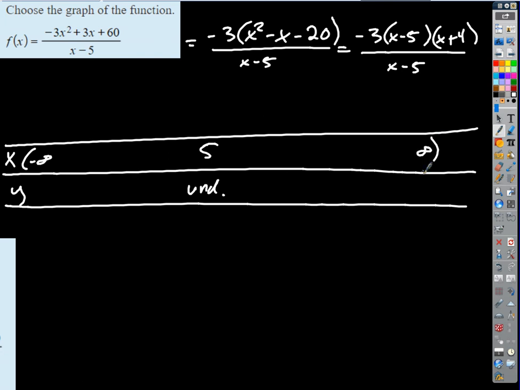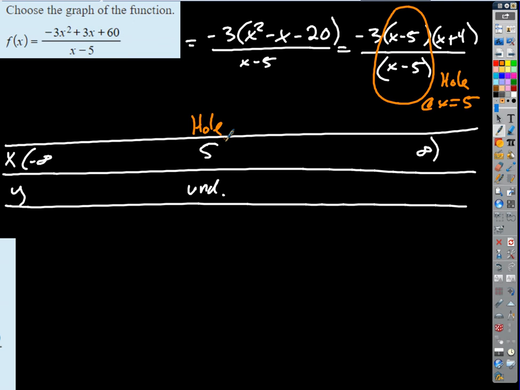Okay, so let's keep track of what's going on. What is happening at that undefined place, though? Is it a hole or an asymptote? It's a hole because of this, right? Because I've got a paired zero. So we get a hole at x equals 5, right?